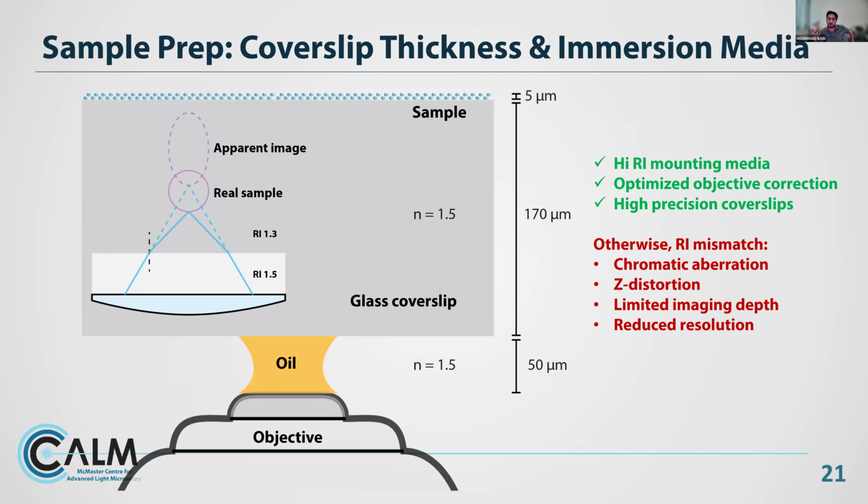You also want to use good mounting media with a high index of refraction as well, and you want to spend some time to optimize any sort of correction that you can apply within the objective or the microscope itself to correct for refraction across the sample. And what that's going to allow you to do is get very nice isotropic images in the Z direction and reduce all these other aberrations that can happen from refraction.